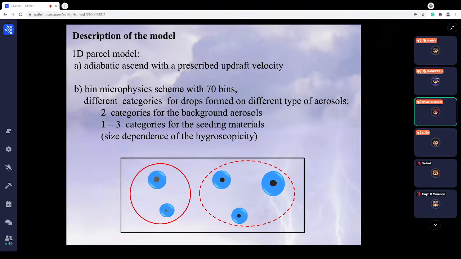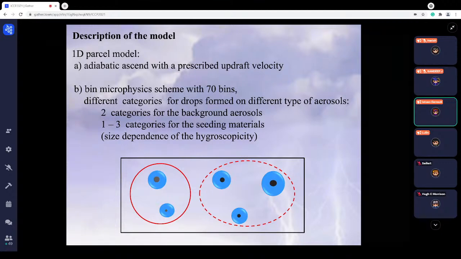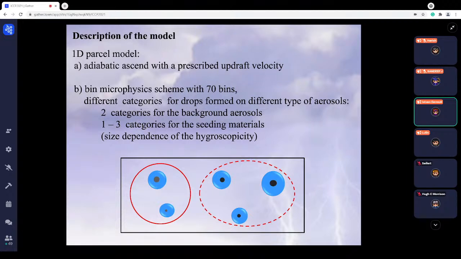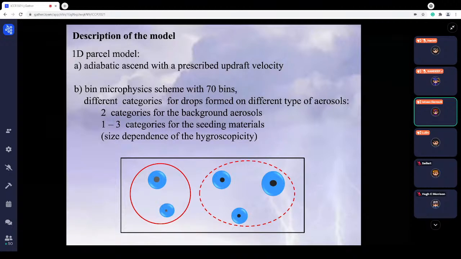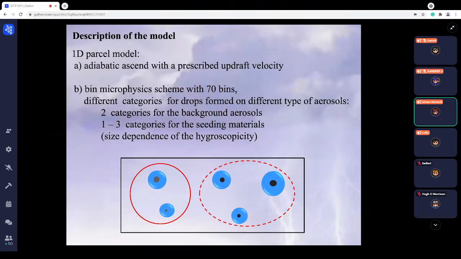So not only do we have a difference between the sizes, but we also have differences depending on what type of aerosols are inside of the water drops. As you can see here, there is a solid line curve and a dashed line curve. That means we have different categories depending on what type of aerosol particles are inside of the drop. And the difference is the hygroscopicity of the aerosol particles inside of the drop.